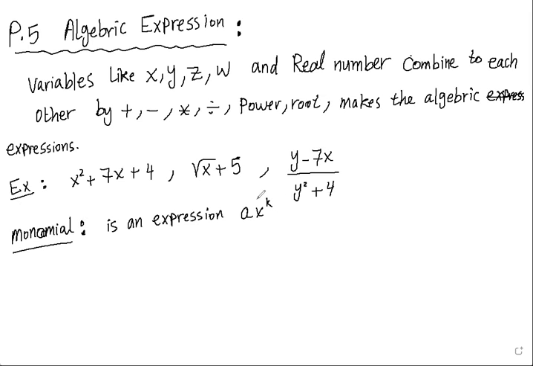If I see something like that, with variable x, a is a real number, and k is a natural number or 0, this is called a monomial.